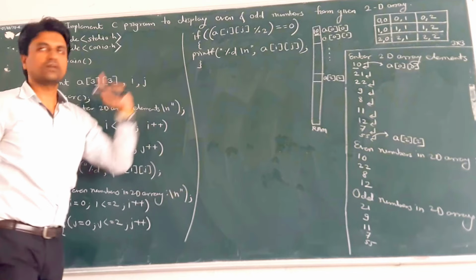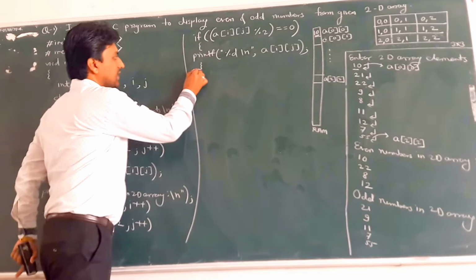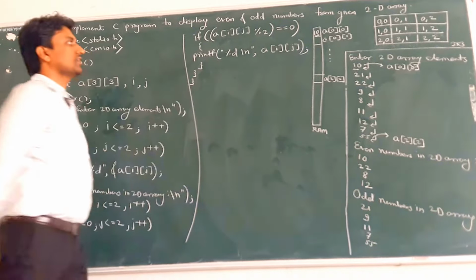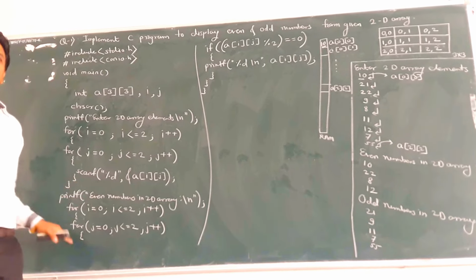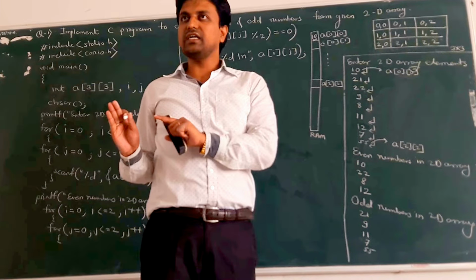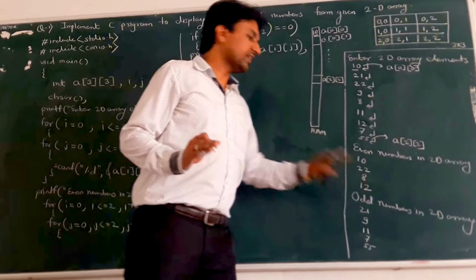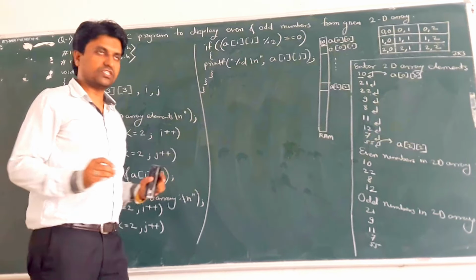The printf and if statement are complete, then complete your inner for loop and outer for loop. After that, if the inner and outer for loops are completed, that means only even numbers are printed on the console. After that, we want to print all odd numbers in that two-dimensional array.